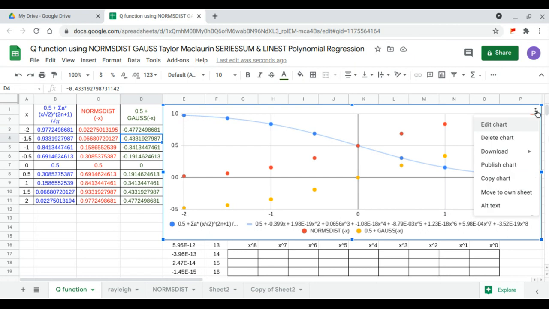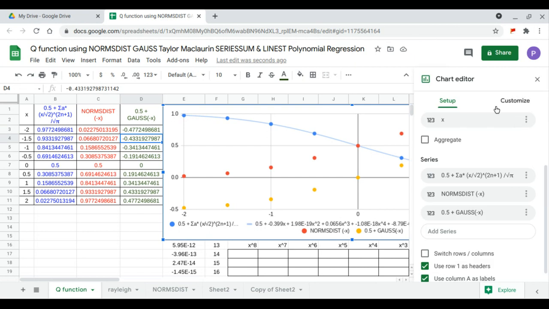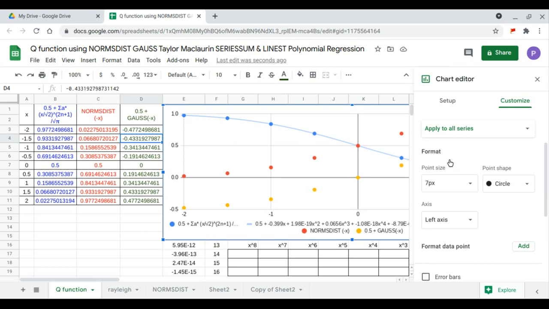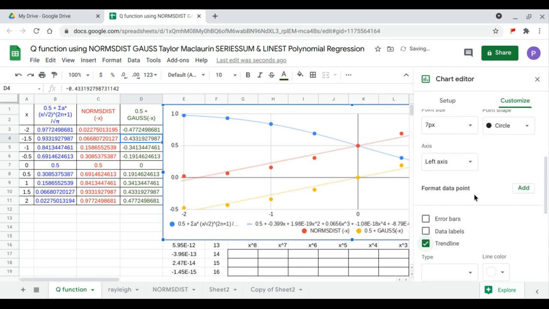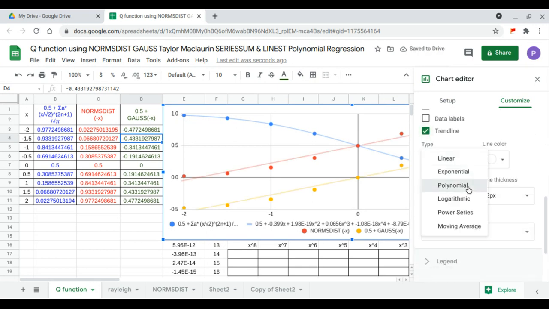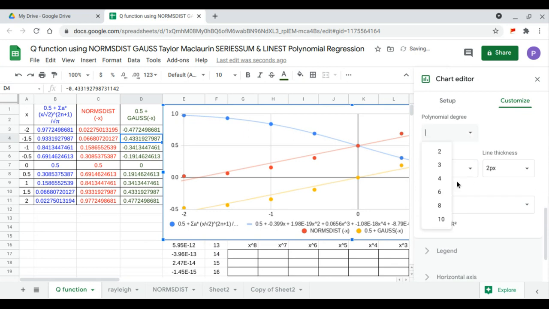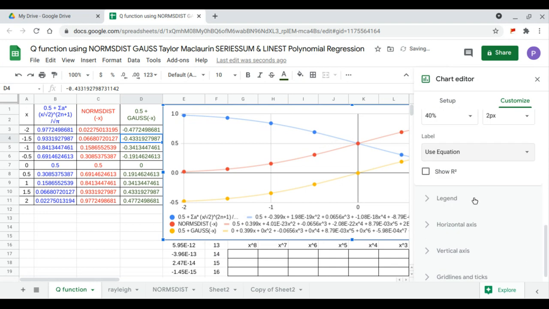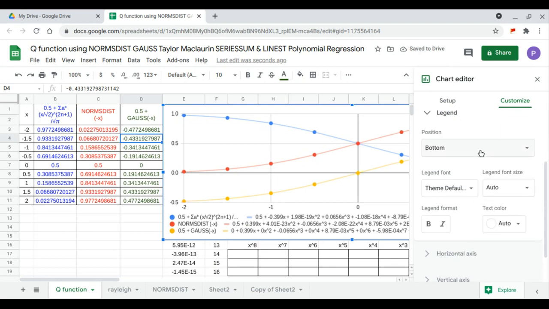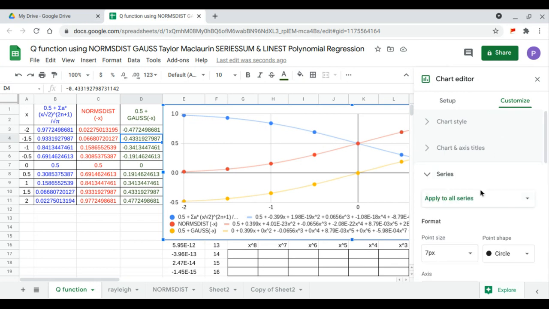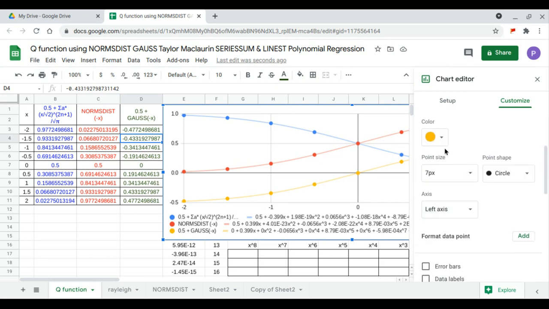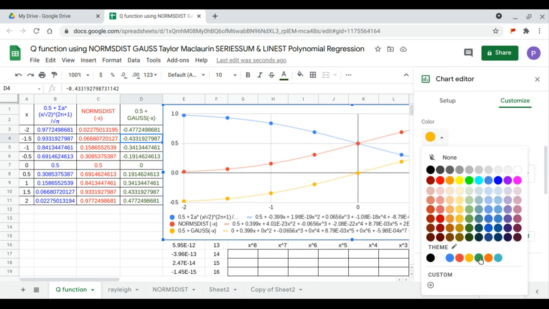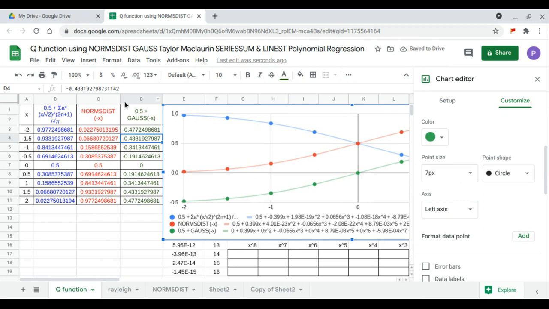Modify this to show the equation. Edit chart. The trend line polynomial. So trend line polynomial to the 8th degree. Label, use the equation. And the legend, position it at the bottom, which is bottom already. In the case of the series, the Gauss function changes to green to match the dataset.